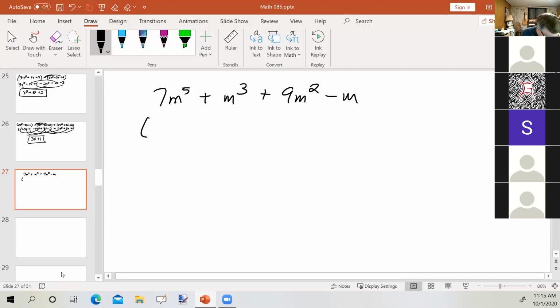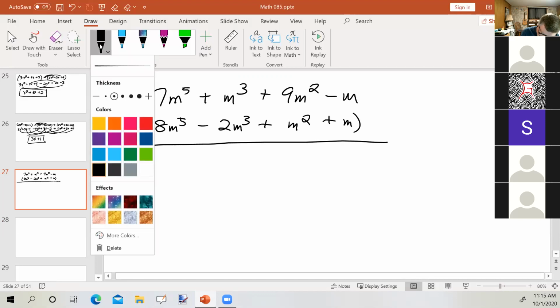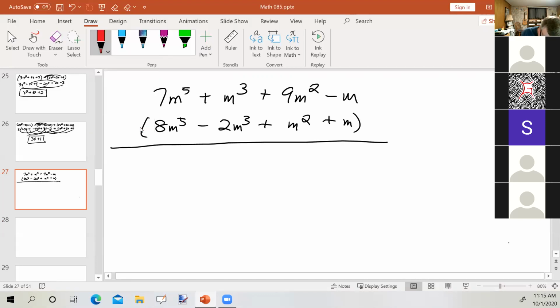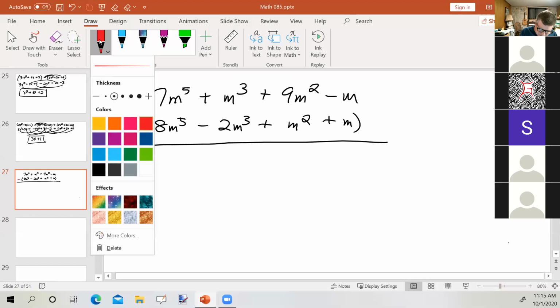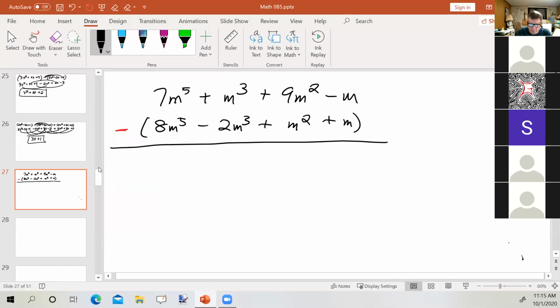And then down below we've got 8m to the 5th minus 2m cubed plus m squared plus m. But we're going to subtract that second polynomial from the first one.